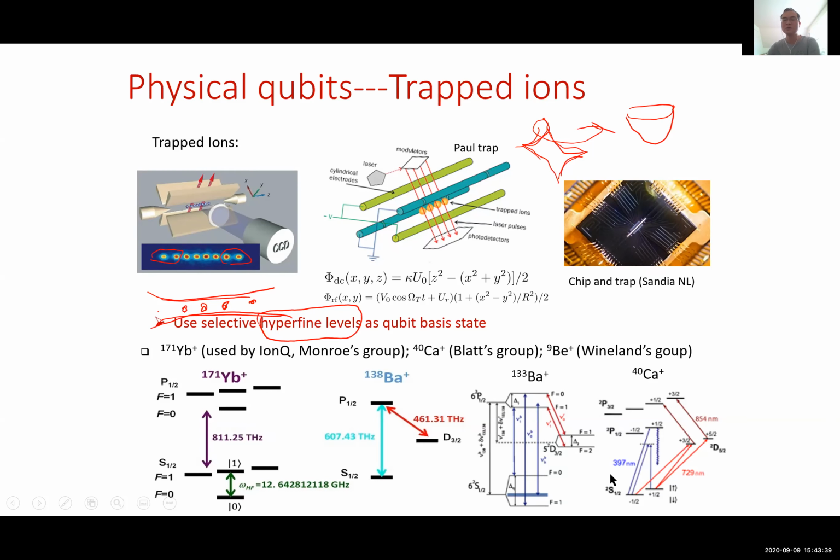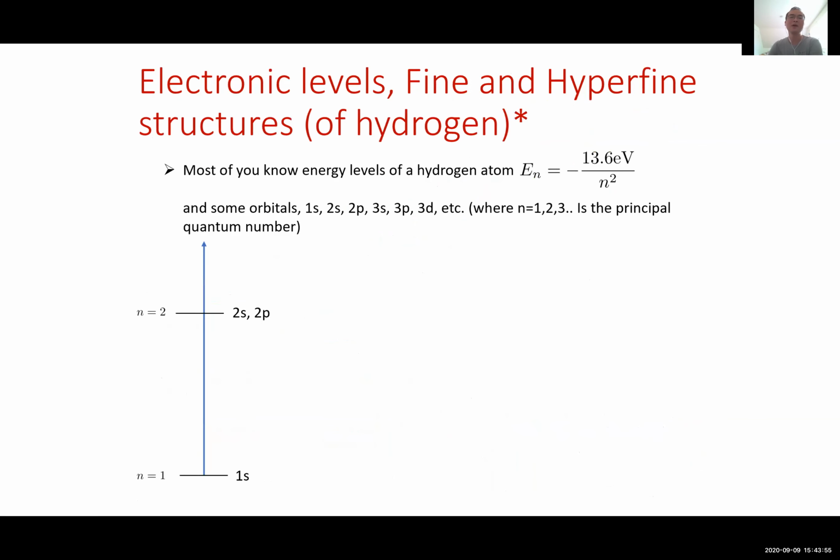So the detail is not important. Even I don't remember all these levels, so you just have to look them up, unless you are working on particular atoms or ions, then you know the levels very well. But the simplest atom is an electron with a proton, which forms hydrogen, right?